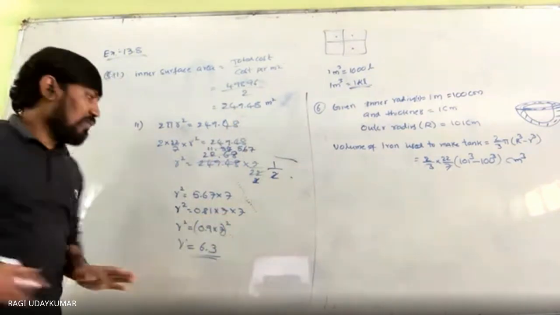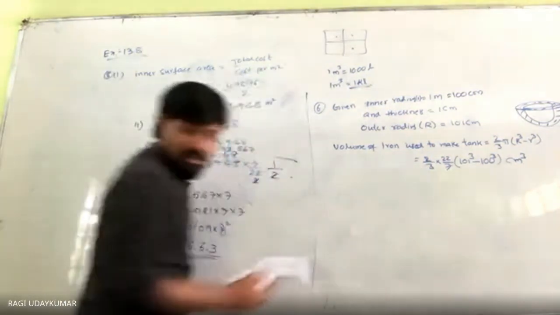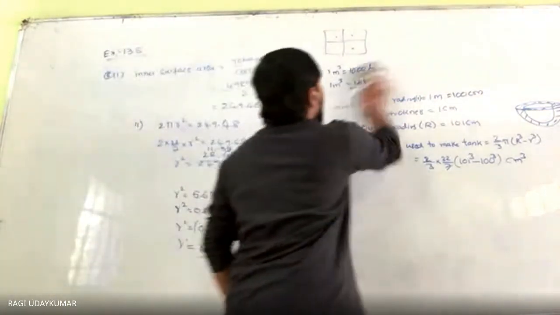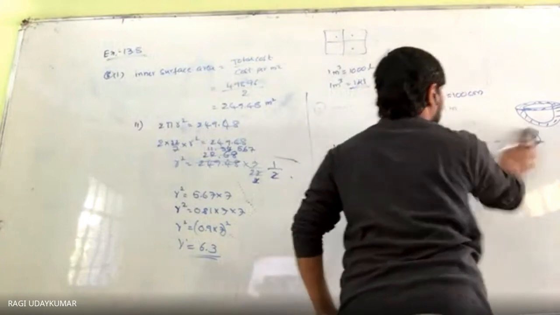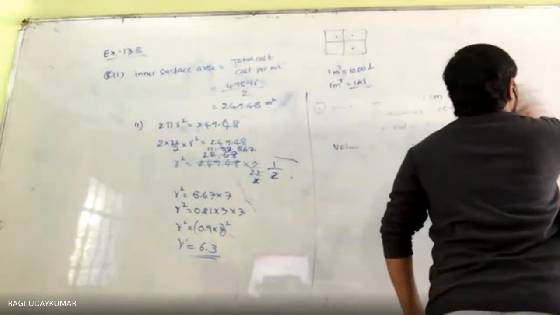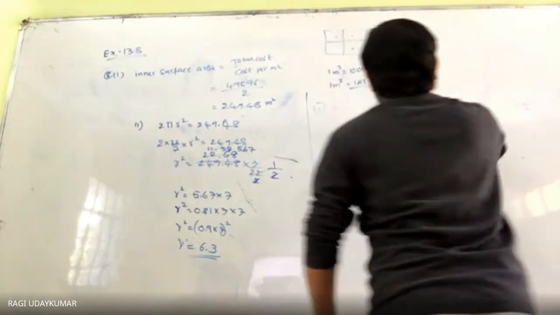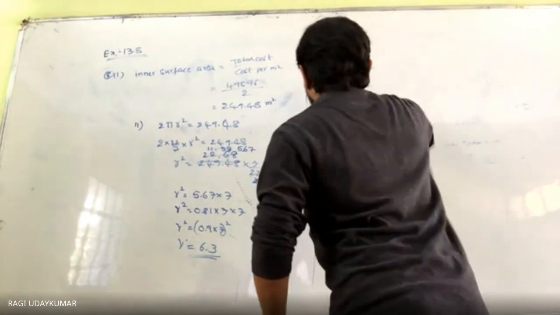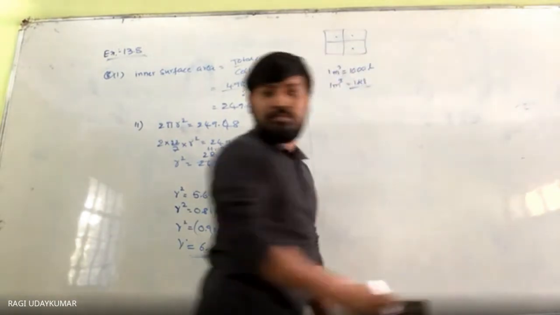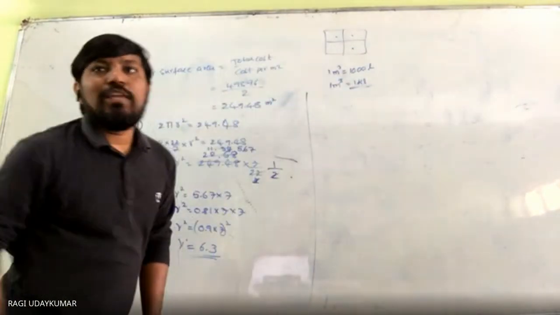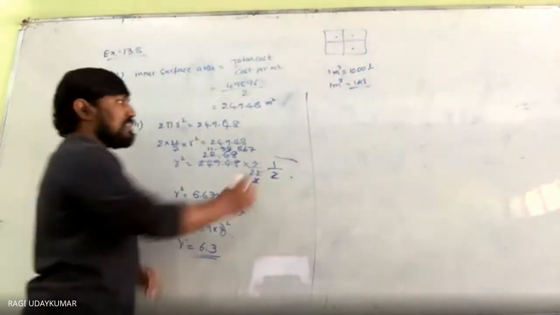Then after that what you have to do? Volume of the air inside. So volume of the air inside means volume is equal to 2 by 3 pi r cube. r is equal to what we got.